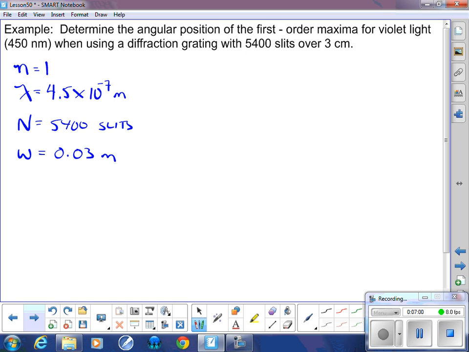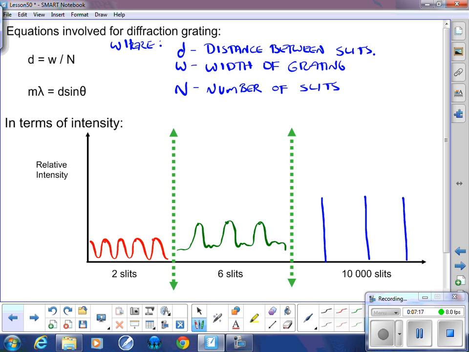I want to find the first order angular position, so I'm looking for the angle. The formula we have is m lambda equals d sine theta, and I am looking for theta. I don't have d, so I need to calculate d. If you look at the previous page, those are the two equations we're dealing with.